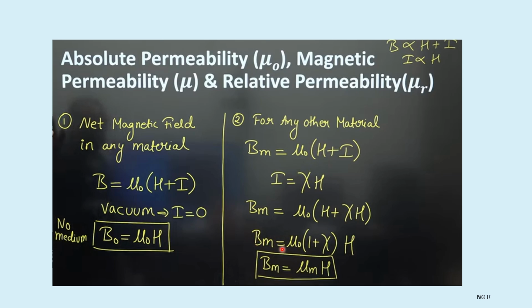Therefore Bm will be equal to mu naught into 1 plus zeta into H. Here, in place of mu naught into 1 plus zeta, we can write mu m, because this is for a particular material. Then Bm will be equal to mu m into H.